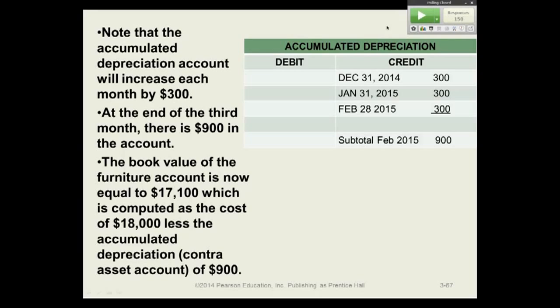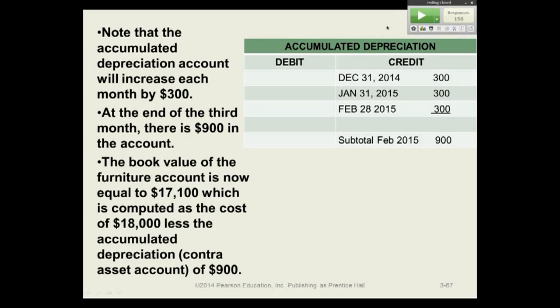Let me show you how that is going to look in terms of the T accounts. If you wanted a set of financial statements as of the end of February in 2015, your asset account did not change. That's historical cost.